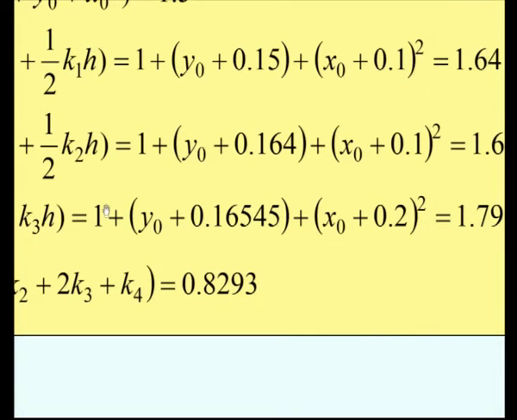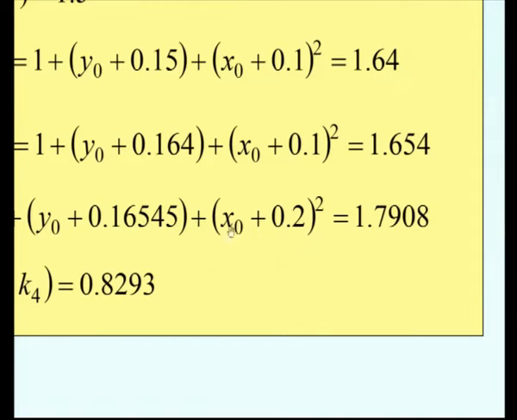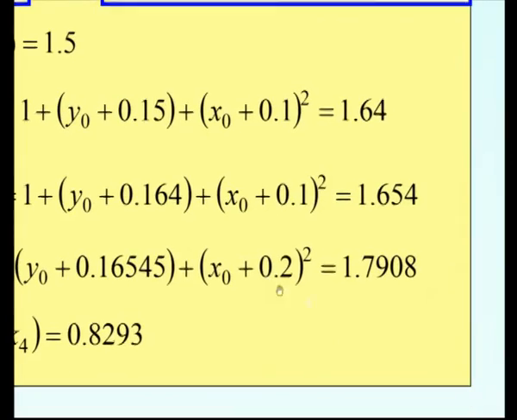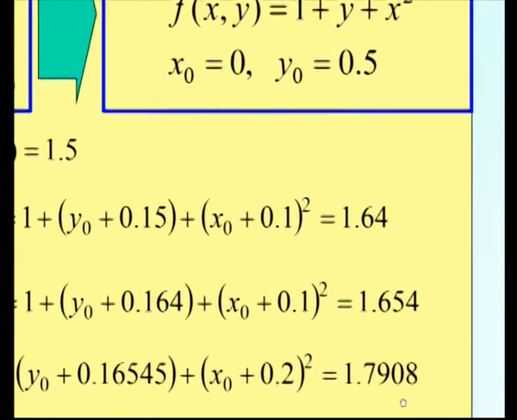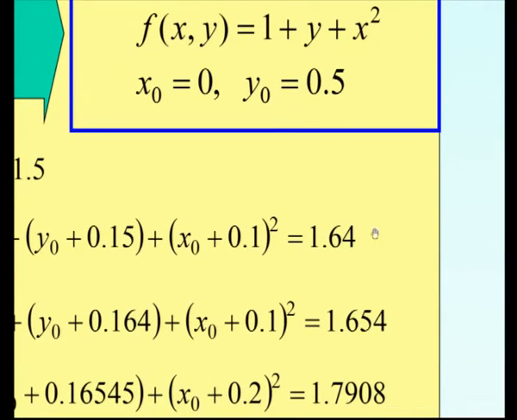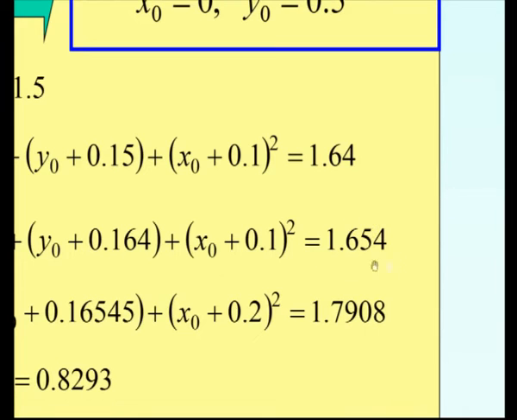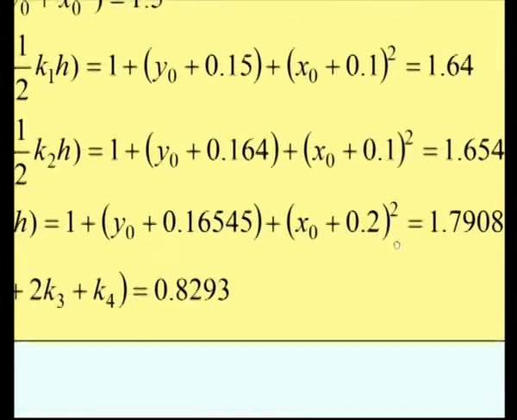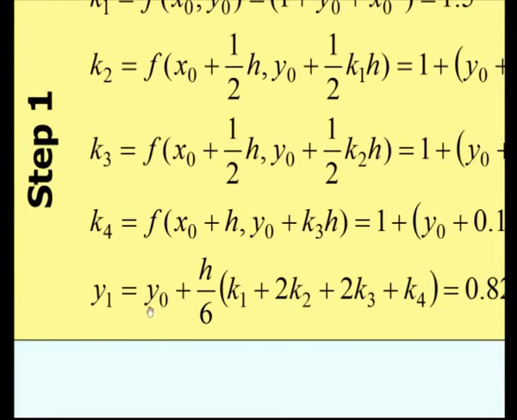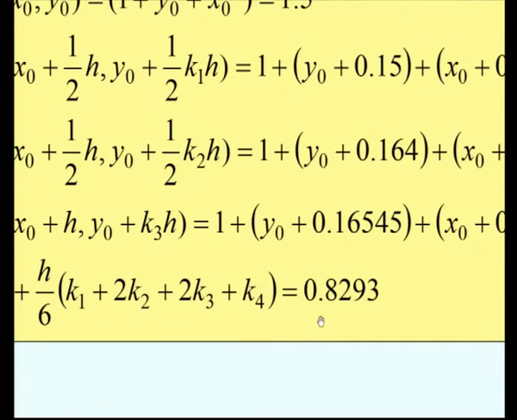I substitute 1 plus y naught with this and x naught with this; y naught is 0.5, x naught is 0. If I substitute I get 1.7908. So, this is my k 1, this is k 2, this is k 3 and this one is k 4. If I take the weighted average of k 1, k 2, k 3, k 4 and add it to the previous value, I compute y 1, and this happens to be the approximate solution value.